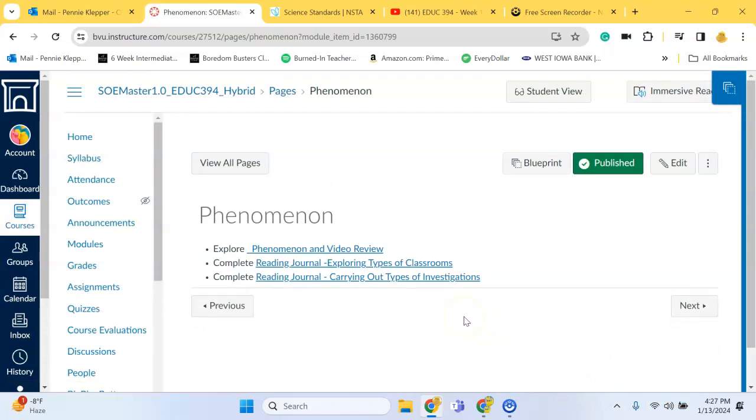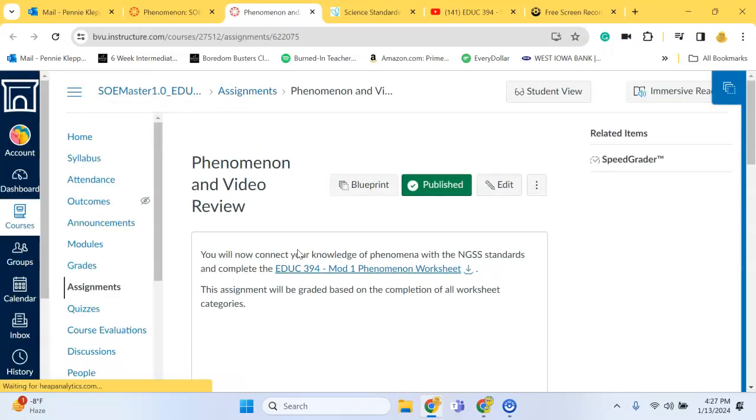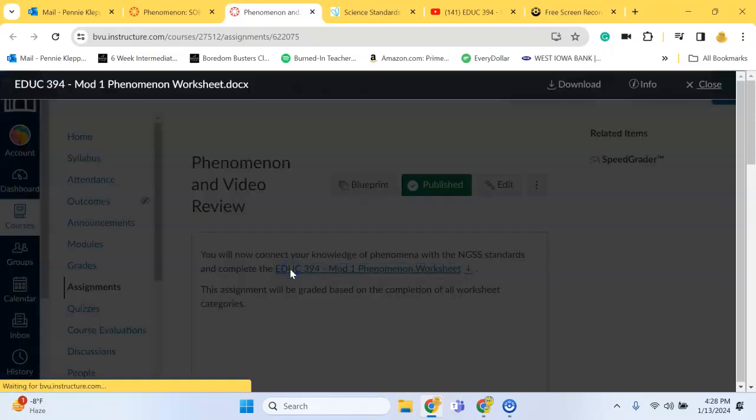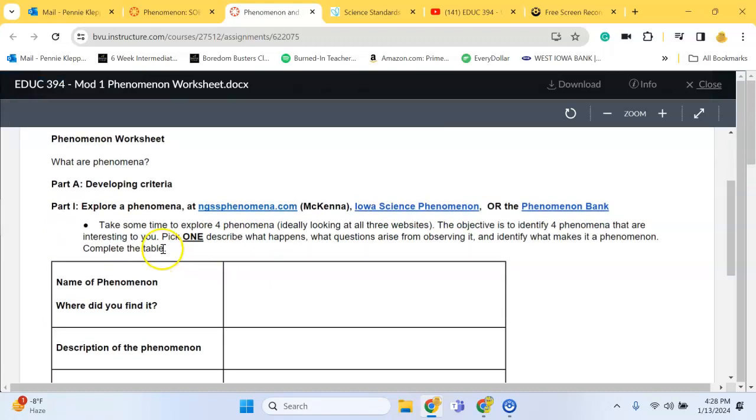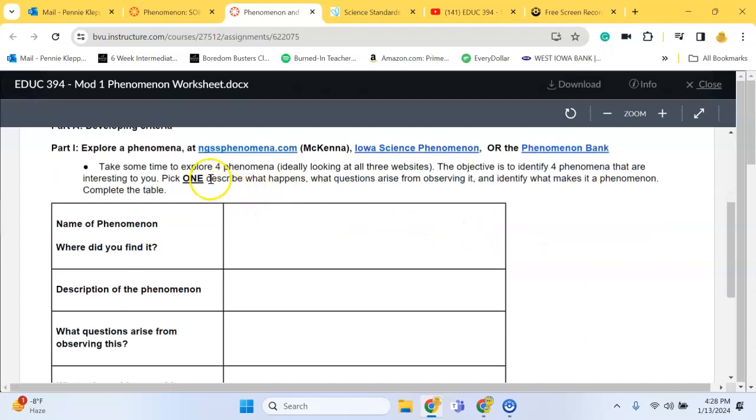The next assignment is the phenomenon. So the first thing you want to do, we'll click on this, the phenomenon and video review. What you would need to do is to complete this worksheet. With this, what you need to do is look at these websites and then look at four specific phenomena.